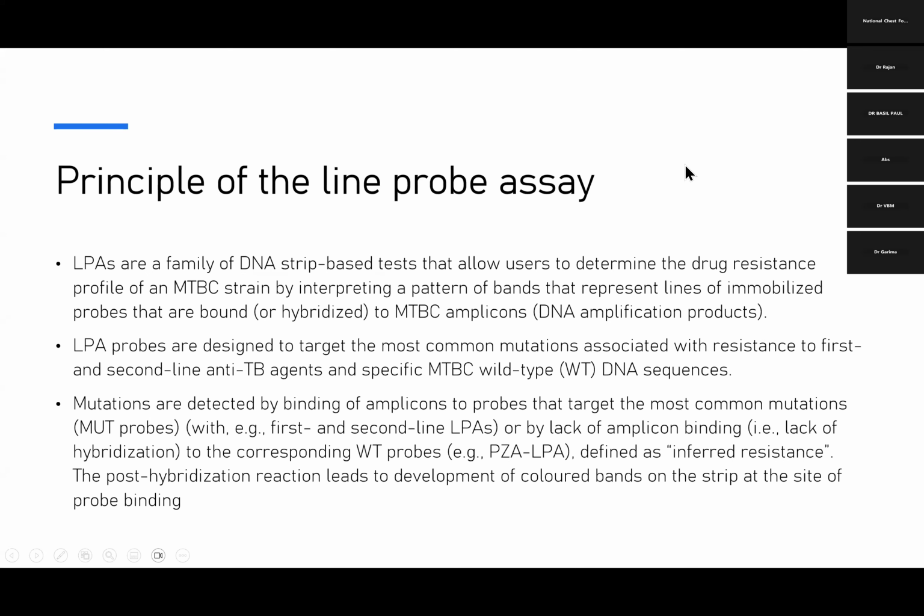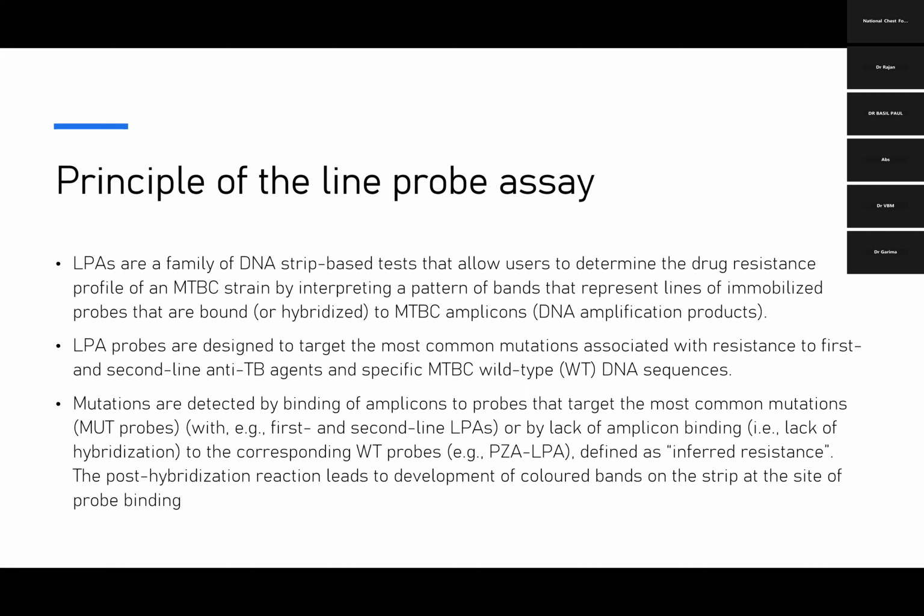So what is the principle of the line probe assay? LPAs are a family of DNA strip-based tests that allow the user to determine the drug resistance profile of an MTB complex strain by interpreting a pattern of bands that represent lines of immobilized probes bound to MTB amplicons. LPA probes are designed to target the most common mutations associated with resistance to first and second line anti-TB drugs, and there are specific MTB complex DNA sequences called the WT, wild type, DNA sequences.